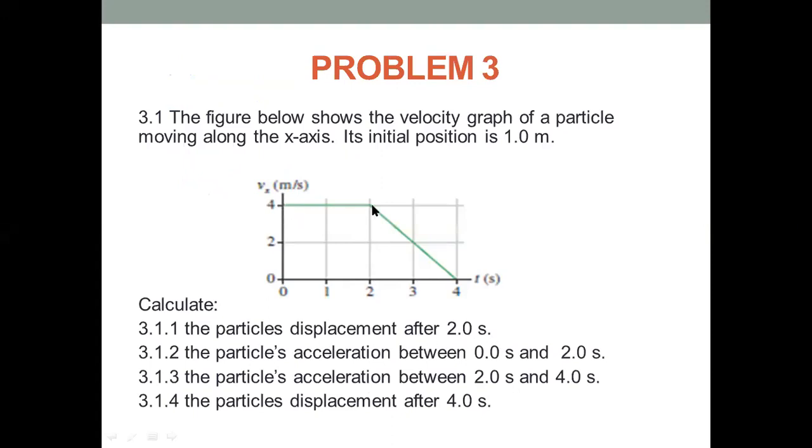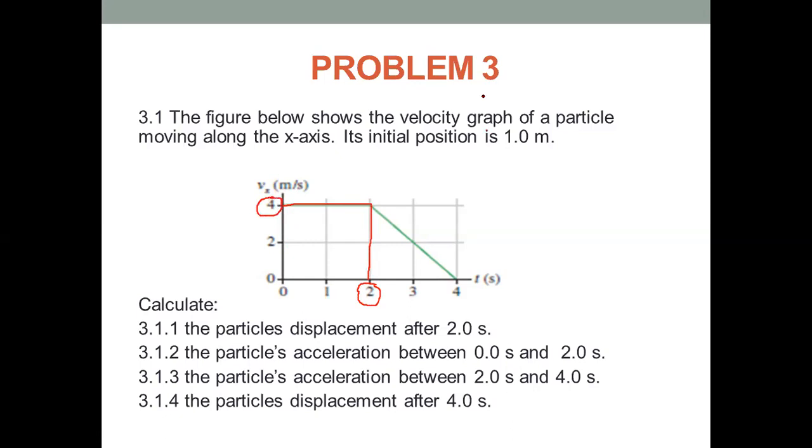So we're talking about this area, from here up to here. So you can see the displacement will be, the base will be 2 seconds, then the height will be 4 meters per second.